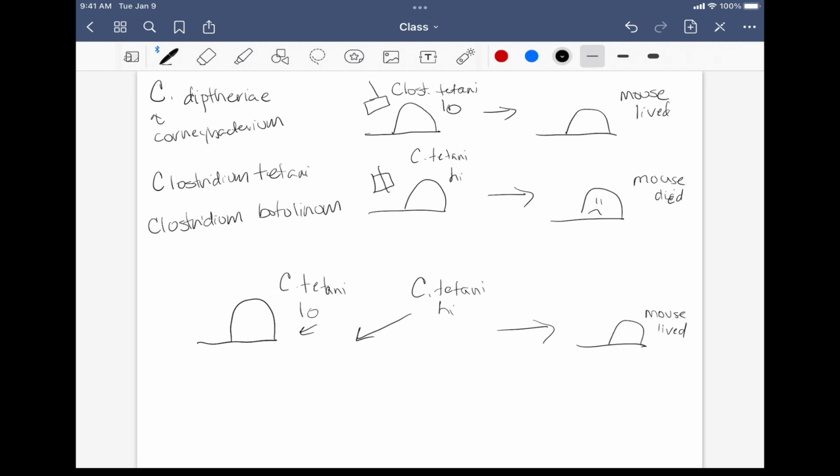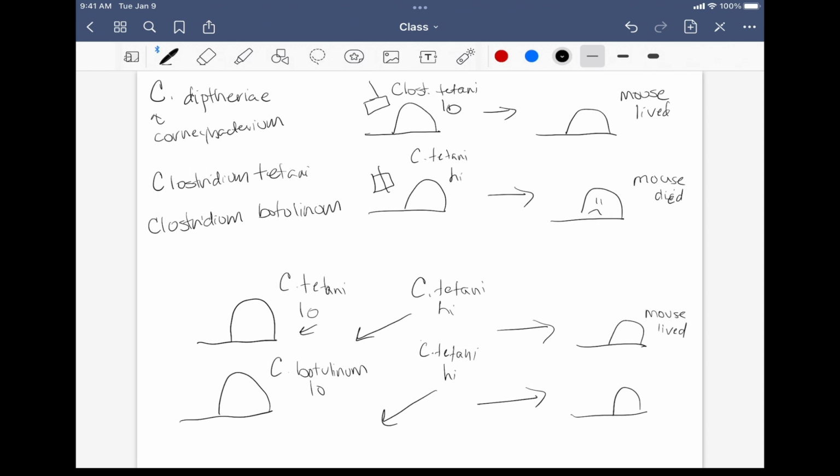They also were able to see that this immunity was specific by doing experiments like one where they used Clostridium botulinum at a low dose, and then Clostridium tetani at a high dose. And in this case, the mouse would die.